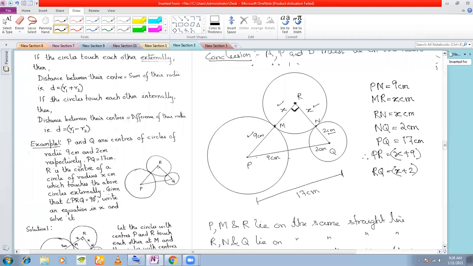These three are the sides. That is, PQ, PR, and RQ are the sides of a right angle triangle, whose hypotenuse is PQ. So they are related by Pythagoras theorem, and from Pythagoras theorem, we shall form an equation in x. And then we shall solve that equation in order to find out the value of x.